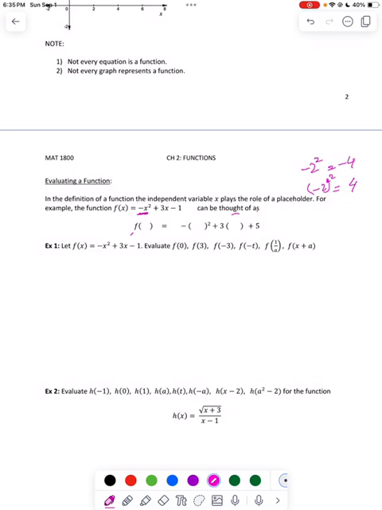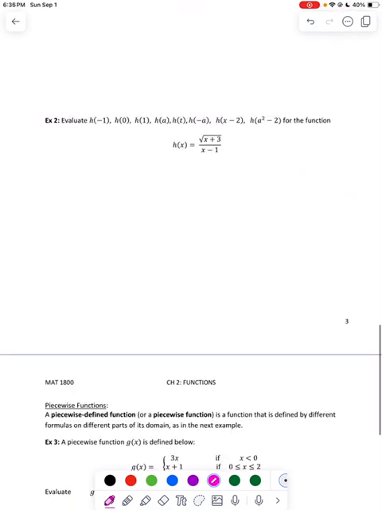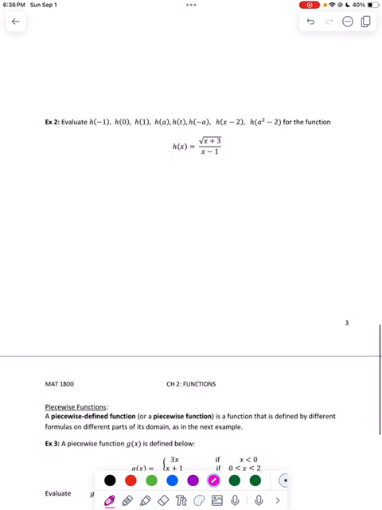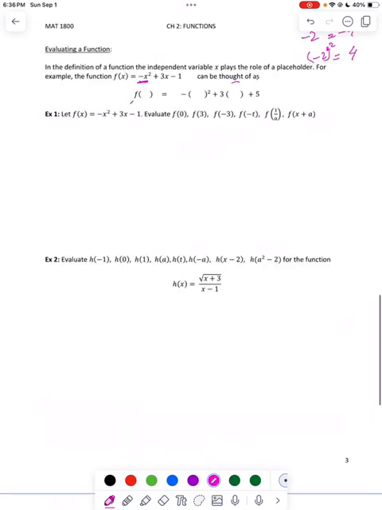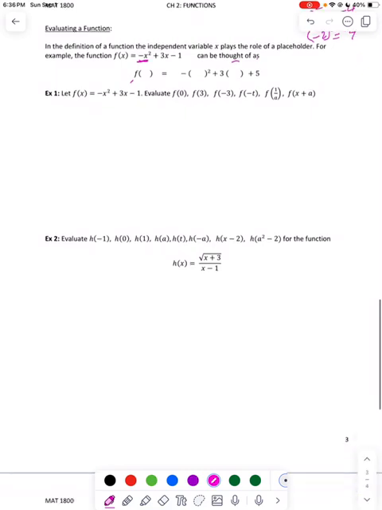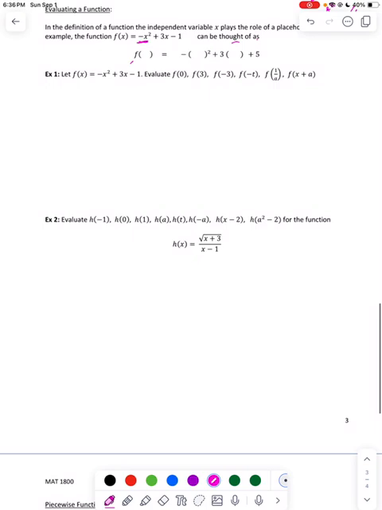So if you notice, this is the same thing as if we give our function with the y, then I can say y is equal to negative x square plus 3x minus 1, then what is the value of y when x is 0, when x is 3, when x is negative 3, when x is negative t, when x is 1/2, and when x is x plus a? So what will be the y value? So that's what we are doing.